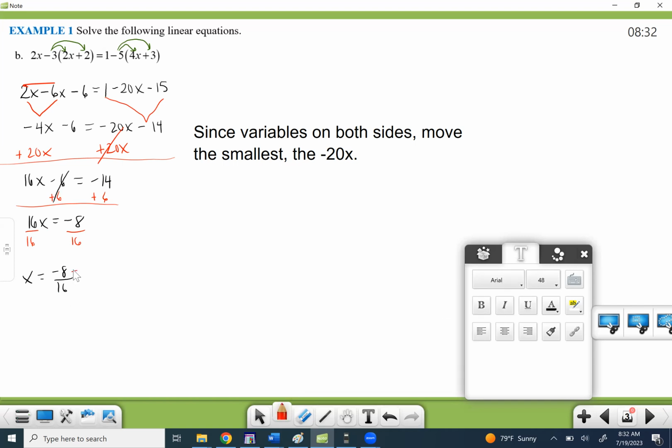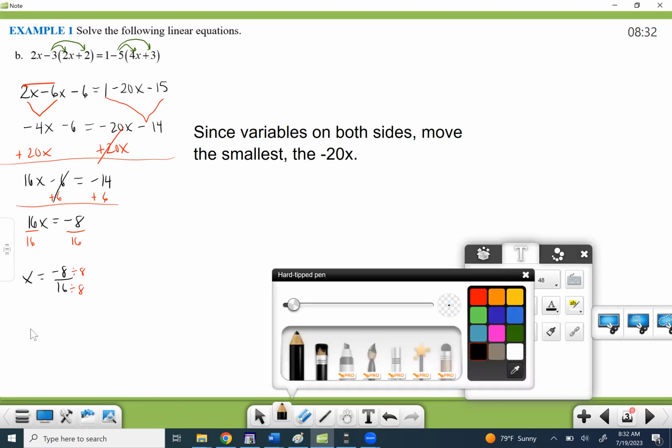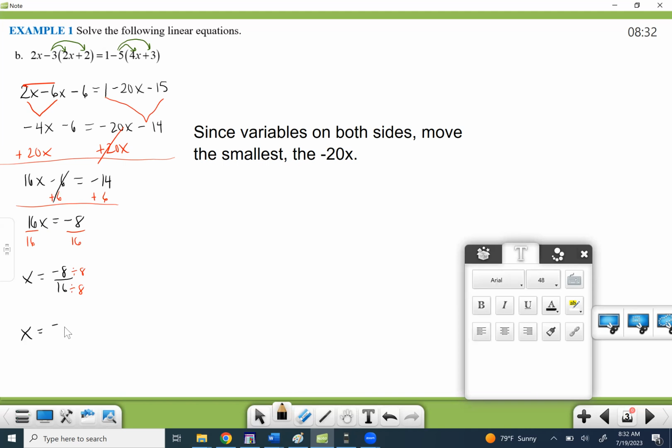So I noticed that 8 divides into both of these. So I'm going to divide them both by 8, and then that should be reduced. So 8 divided by 8 is 1, and 16 divided by 8 is 2. So this is going to be negative 1/2.